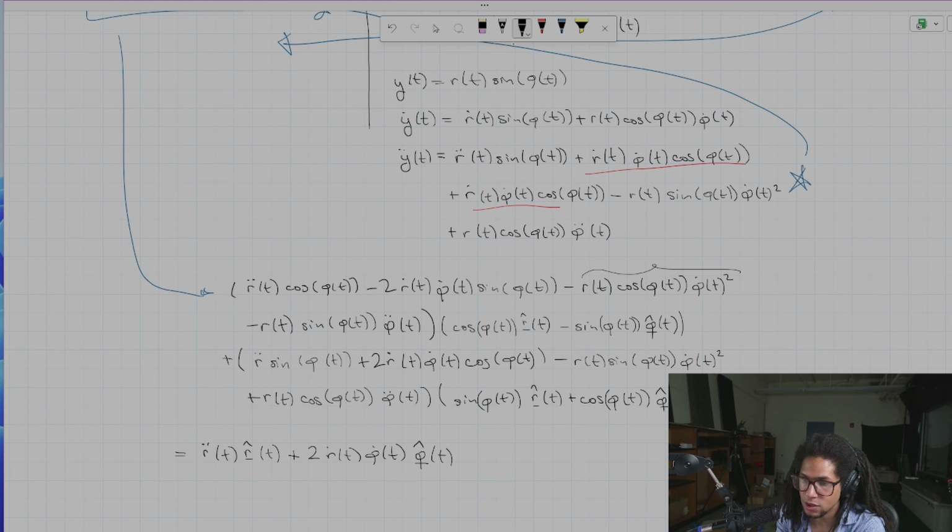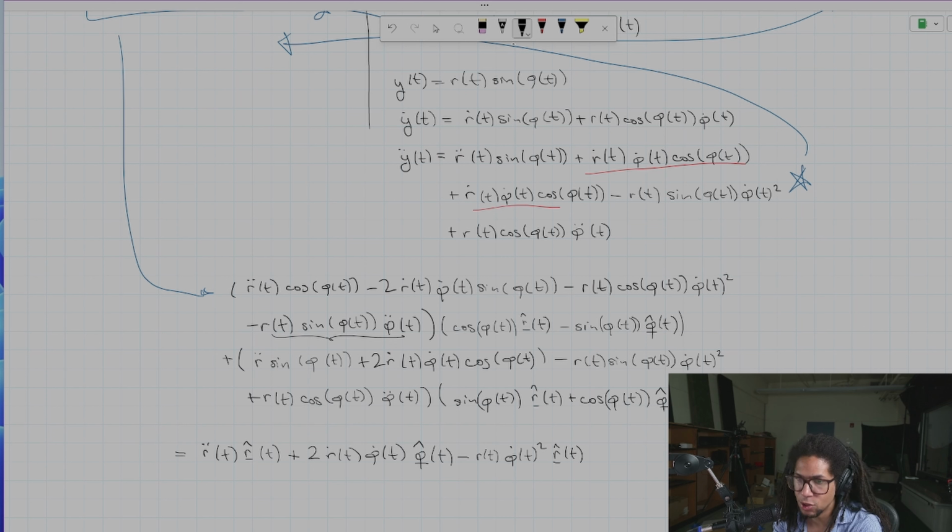So that looks like it's going to give us minus r of t phi dot of t squared times r hat of t. Whereas this second term is going to cancel. We'll get cosine phi sine phi, and then a minus cosine phi sine phi here. Good.